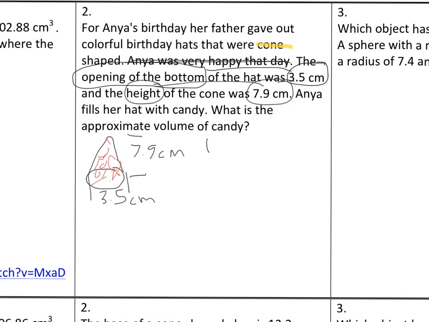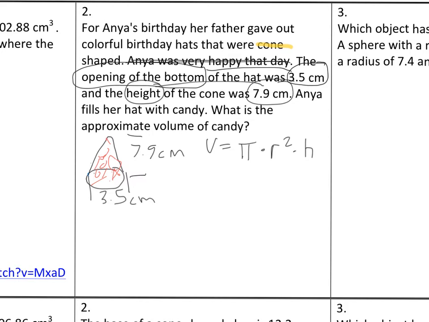So we need to start with the volume, which is equal, and the volume of a cone is the exact same thing as a cylinder, except we're going to add one part at the end.